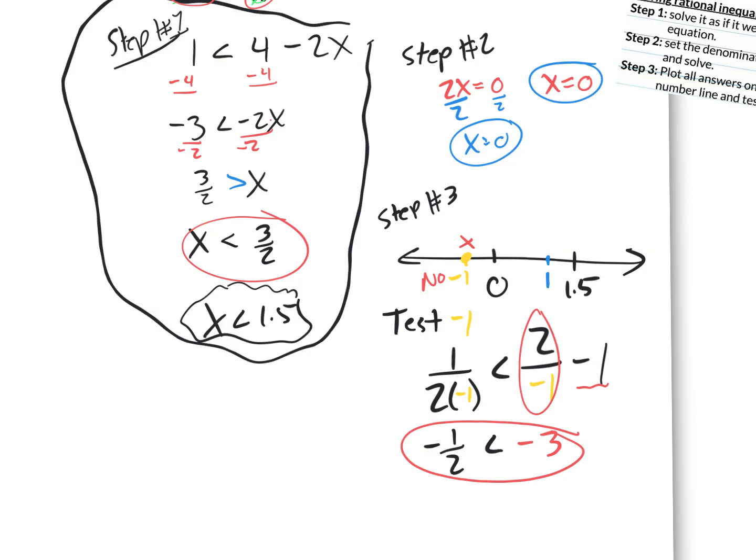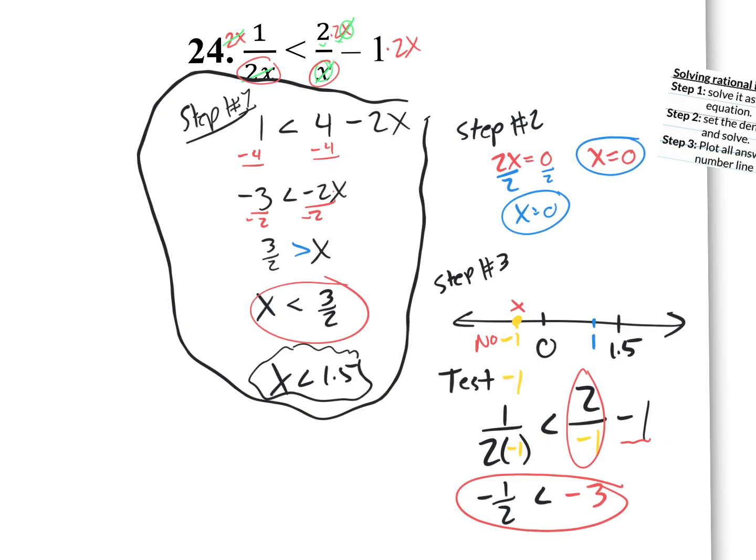Okay, so let's see if that works. Again, we're going to test. So I'm going to write it out. Test the number 1. How? By plugging it in. So instead of 1 over 2 times x, it's going to be 1 over 2 times 1. And then it should be less than 2 over x, 2 over 1, and then -1. All I did was replace this x and that x with what I'm testing, the 1. Doing the math, I get a 1/2 over here.